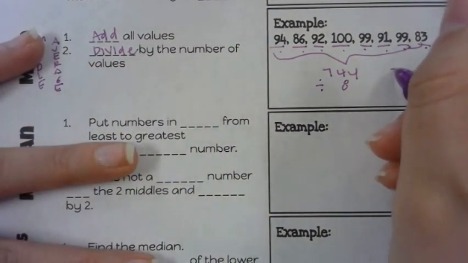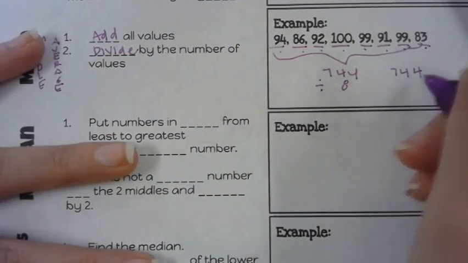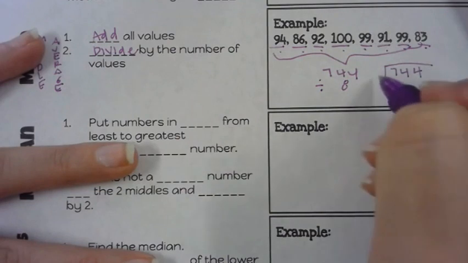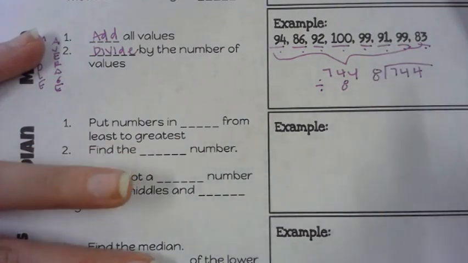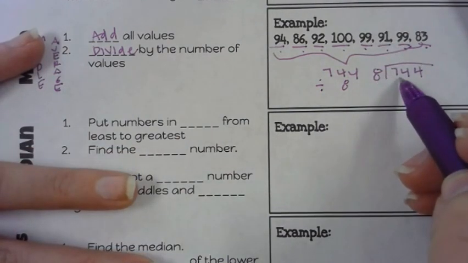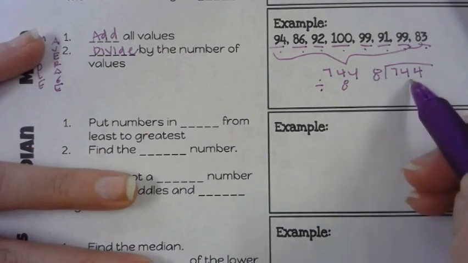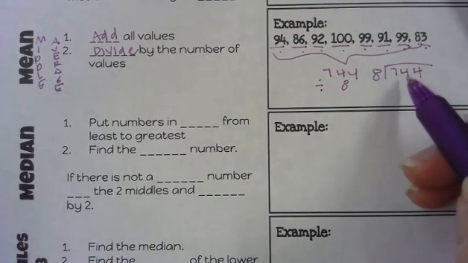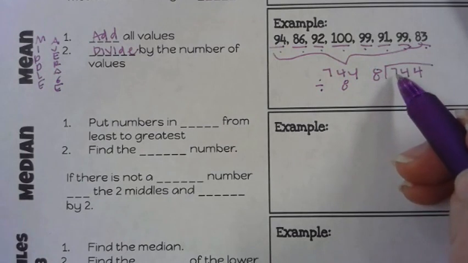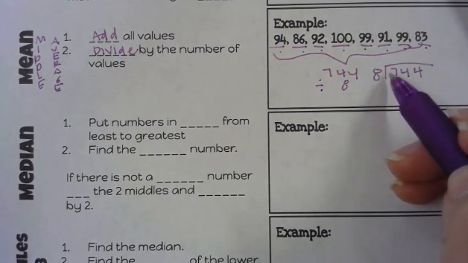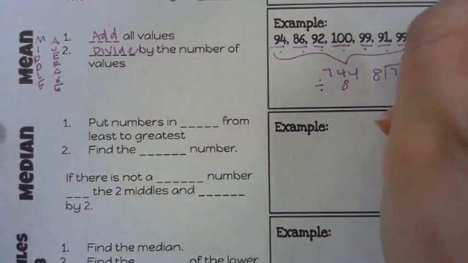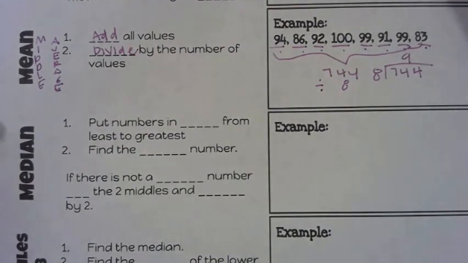So I'm going to go ahead and set this up. Okay, and I'm going to put my 8 here. And I know that 8 does not go into 7. Does it go into 74? Well, I know 8 times 10 is 80. So I'm going to go down 1. I'm going to go 8 times 9. What is 8 times 9?